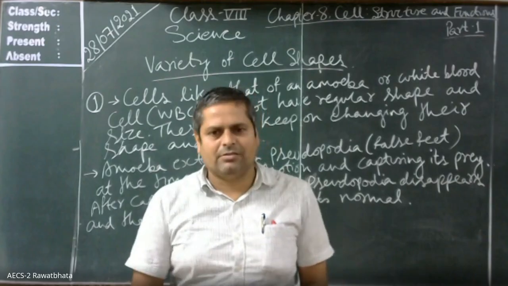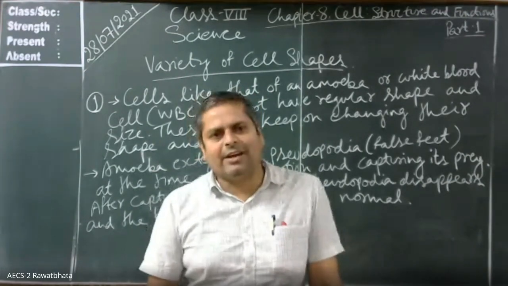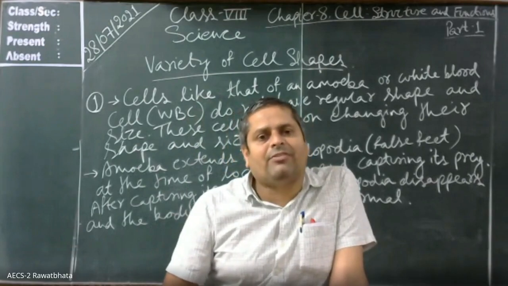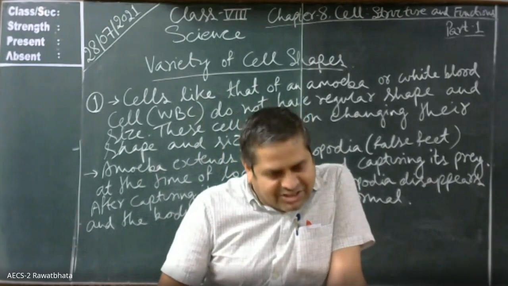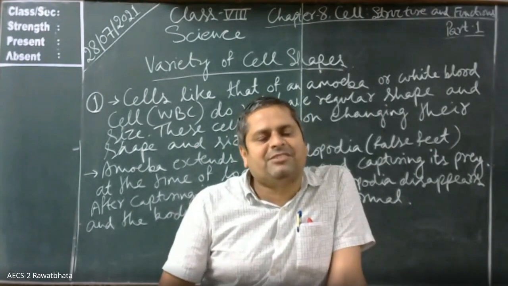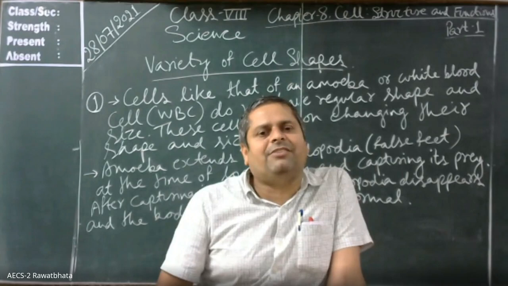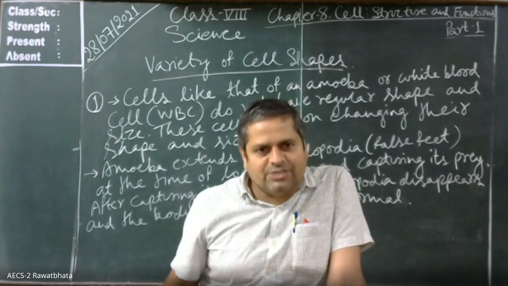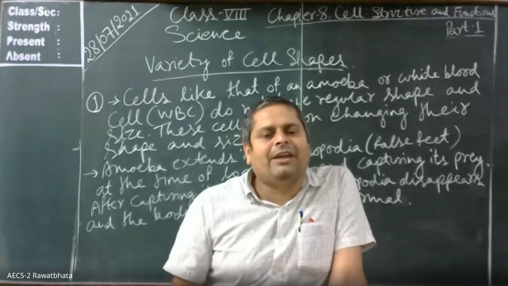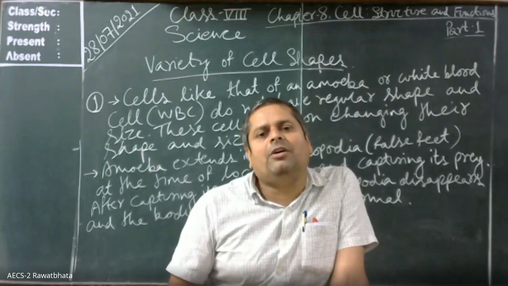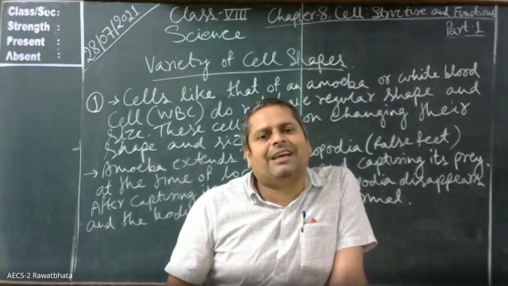So, children, you just draw the shape of red blood cells, which are spherical in shape, spindle-shaped cells of muscles, and a nervous cell which is linear in length. When we meet next time in the next class, you should draw the figures of these cells in your notebook.